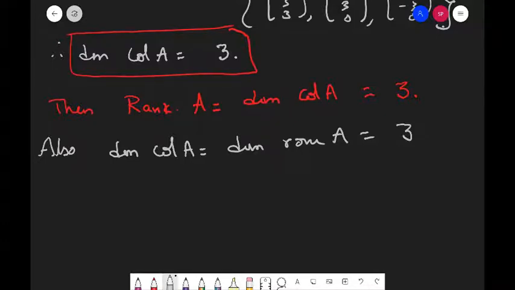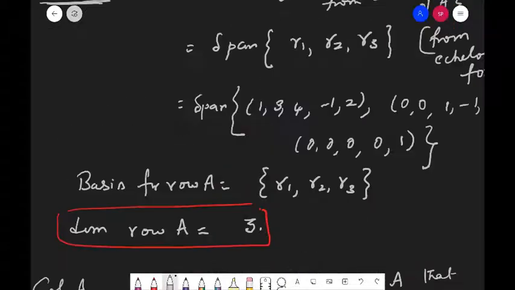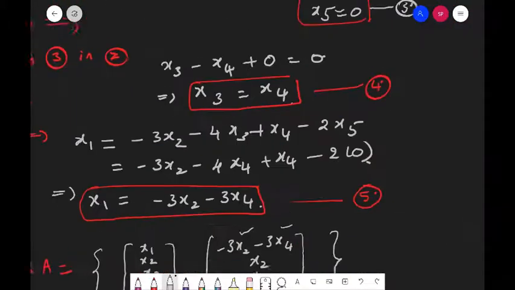And another one, what do we have to prove? Rank of A plus dimension of null A is equal to, what is rank of A? 3 plus what is the dimension of null A we got here? We got it as 2.